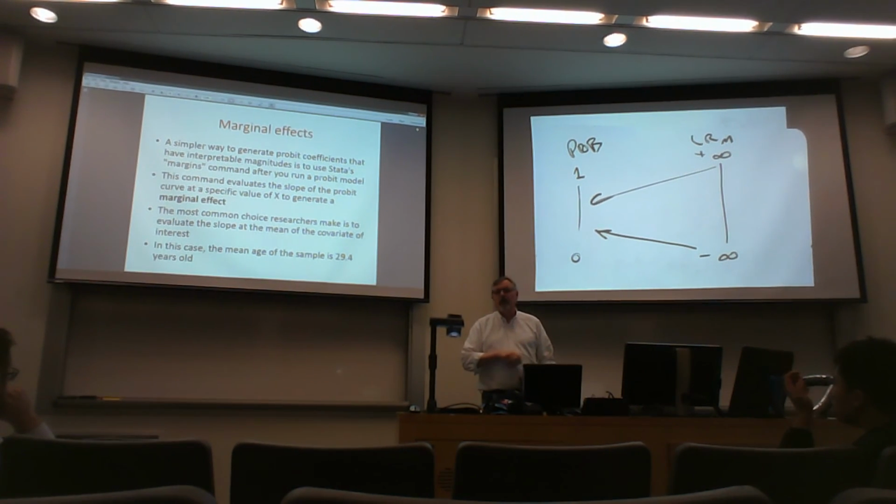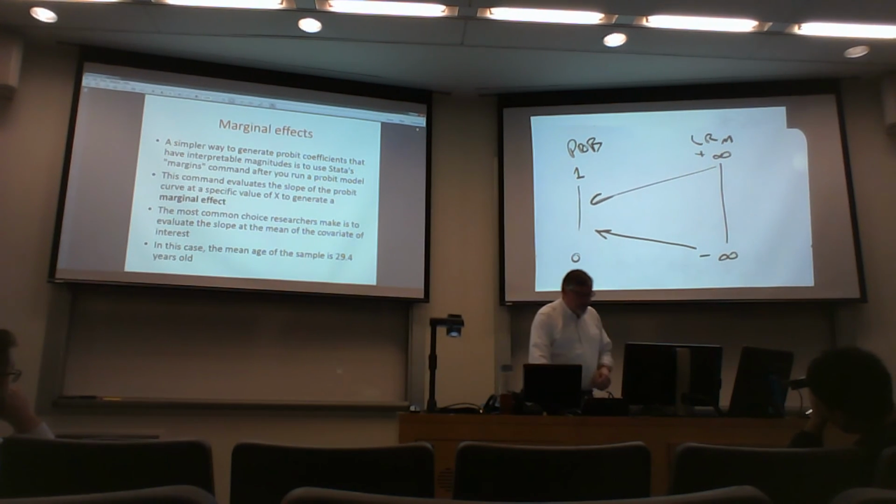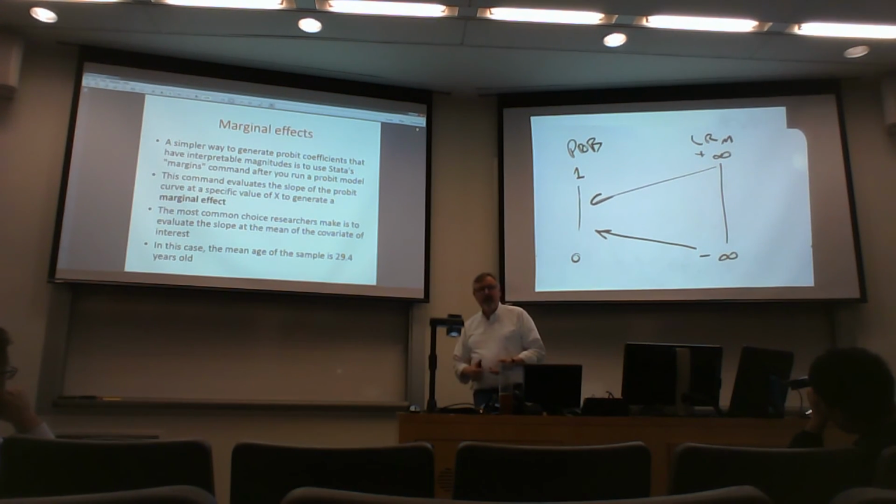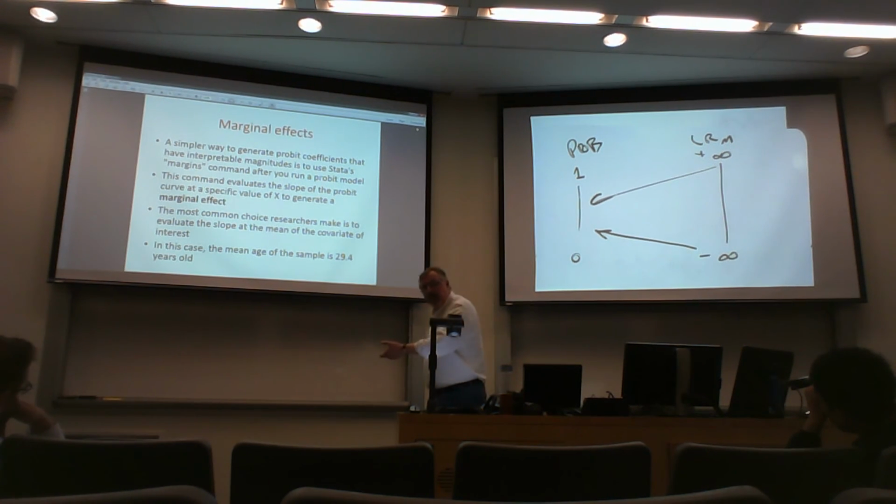Since it's so hard to interpret the coefficients, you can use the margins command instead. Now to know the marginal effect, to know how much, not just the direction, but how much a 1 unit change in your independent variable changes the probability of your dependent variable, you need to tell it, well, for what value of your independent variable.